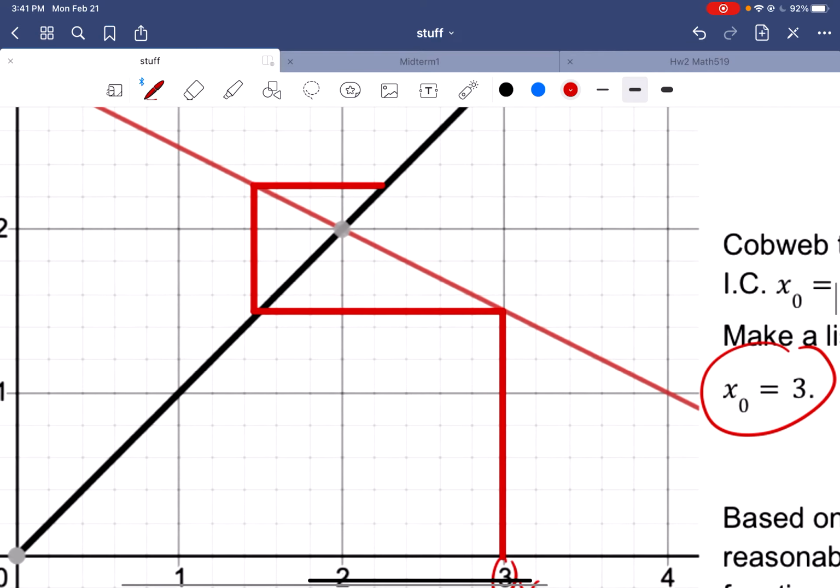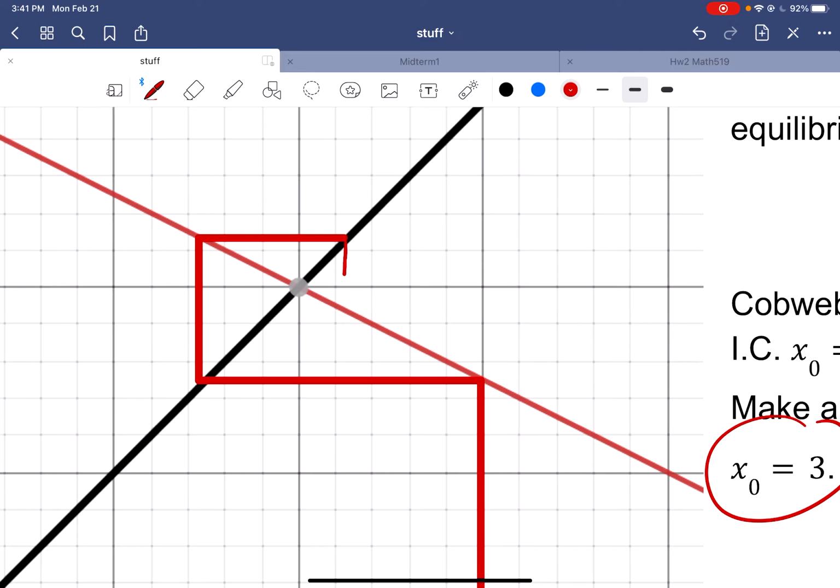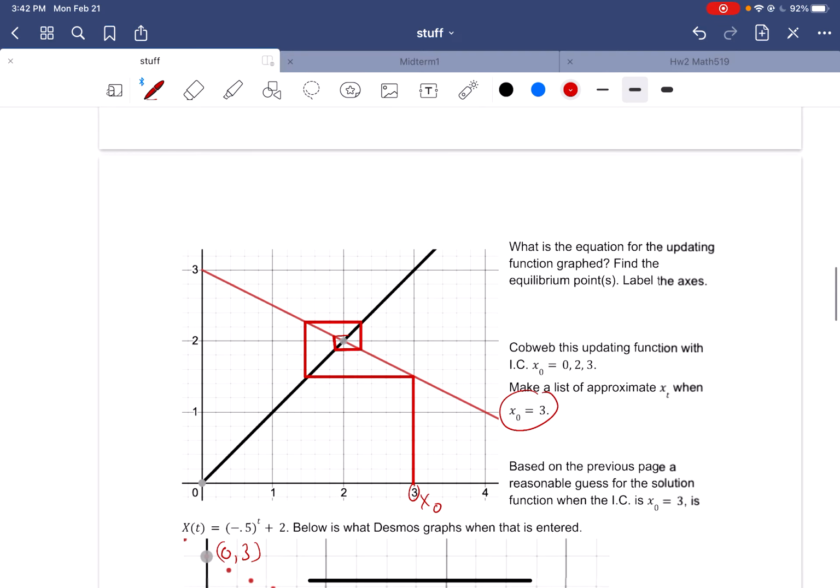I have to zoom in now to get a little bit more accurate. Vertical to updating function, horizontal to y equals x. Vertical to updating function, horizontal to y equals x. You can see we're spiraling in towards the equilibrium.